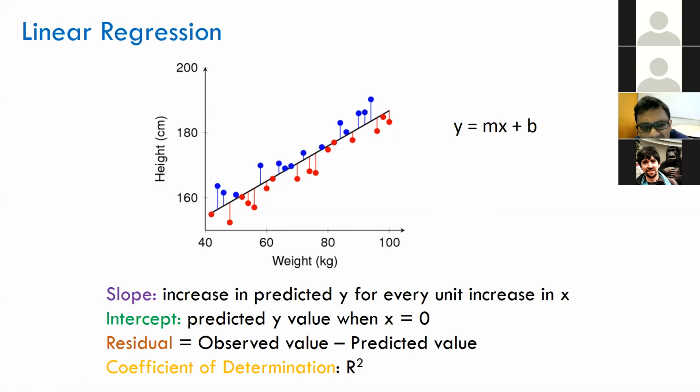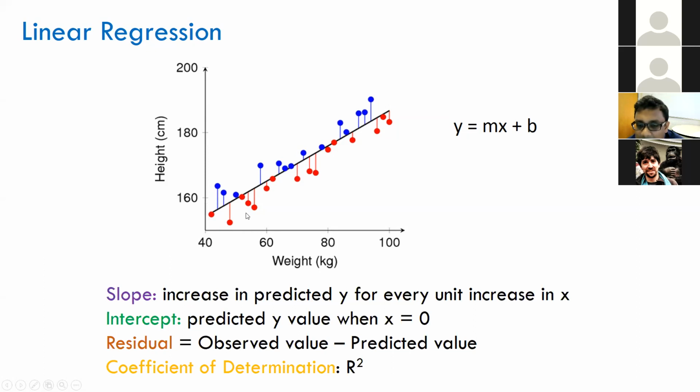So there are a couple of things you need to remember in linear regression. One is slope. The slope is pretty important. That's the x value. What is slope? Slope is the amount of change of y if you change one single unit of x.